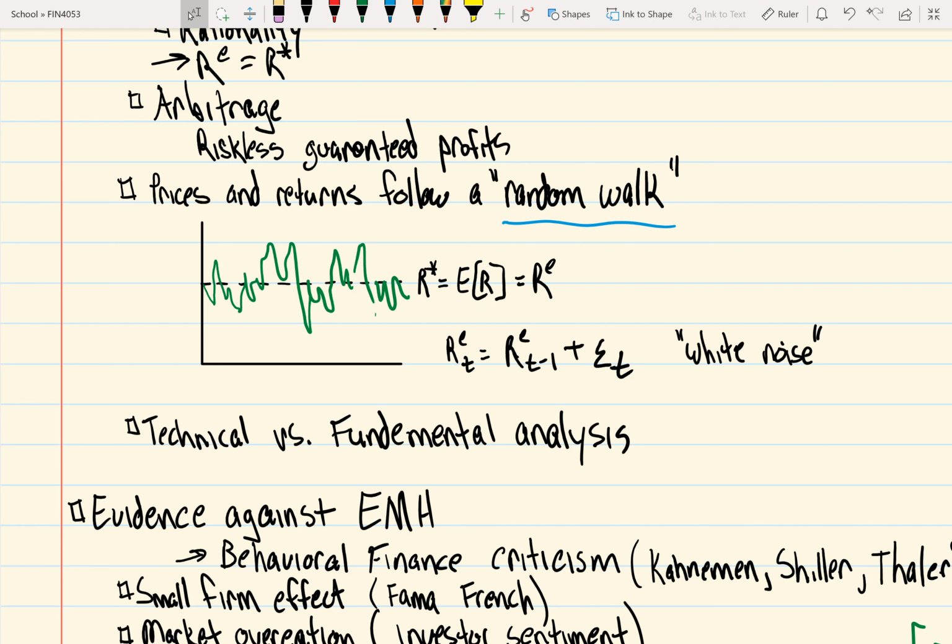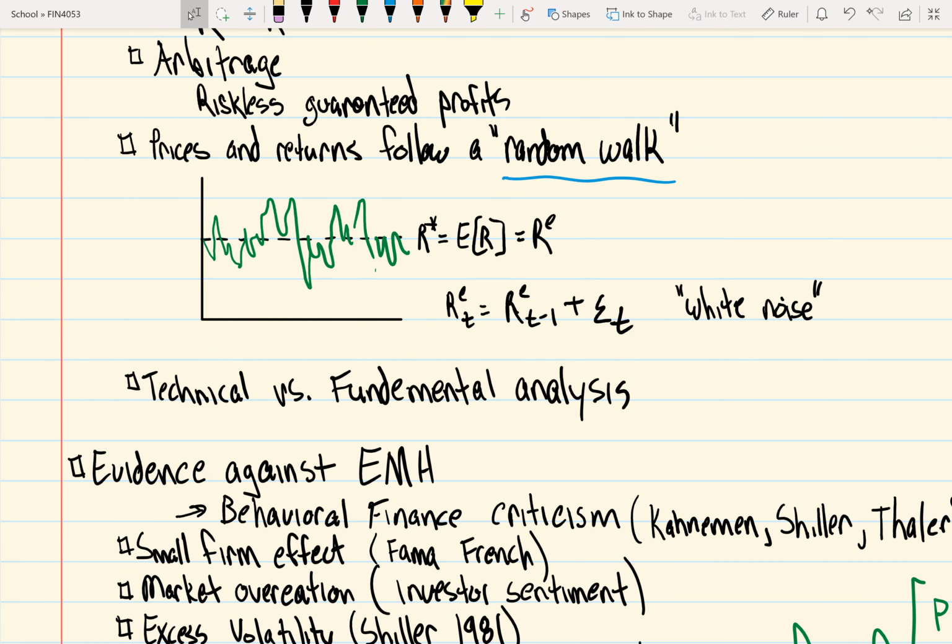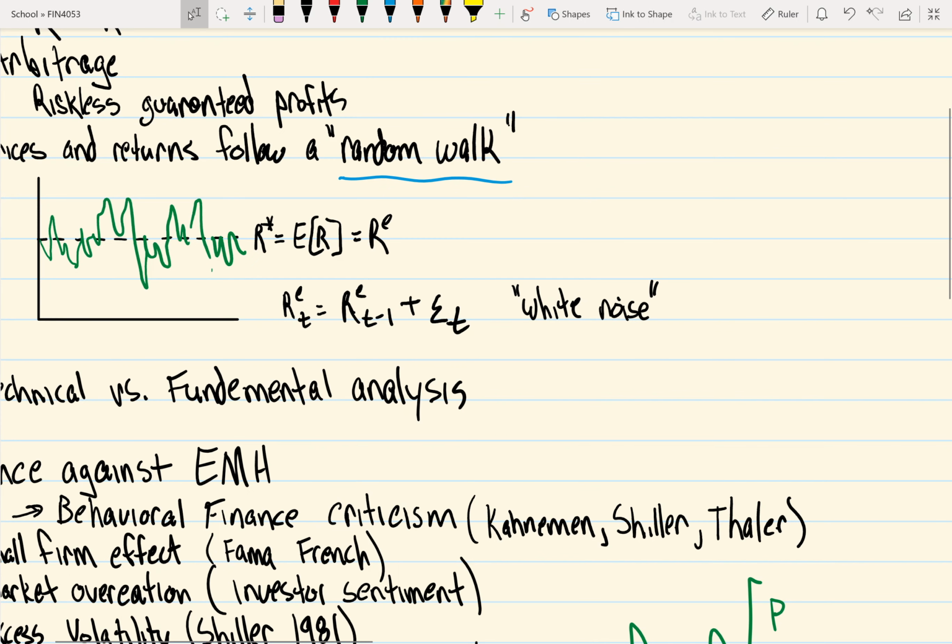So a little bit of evidence against market efficiency. Generally speaking, the field that pushes against the efficient market hypothesis is known as behavioral finance. And this is actually my area of interest, so I think this is interesting. If you do too, you can look up researchers. The first one is Daniel Kahneman. The next ones are Robert Shiller and Richard Thaler.